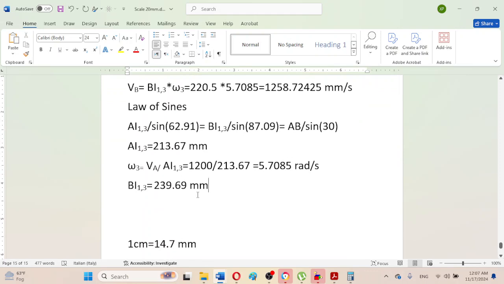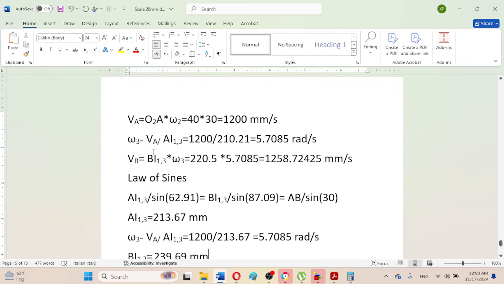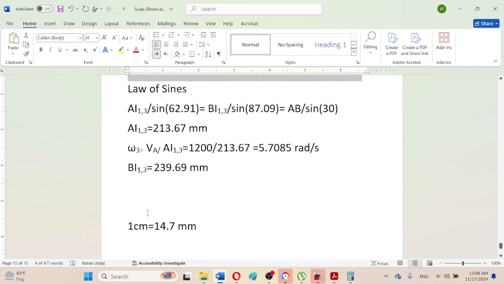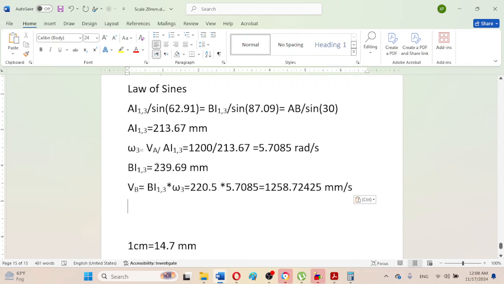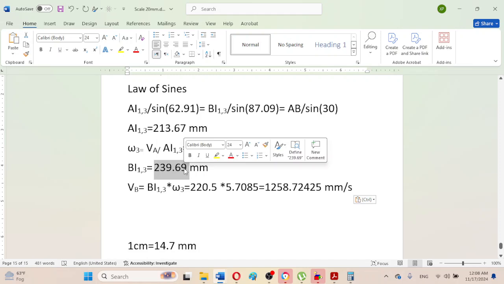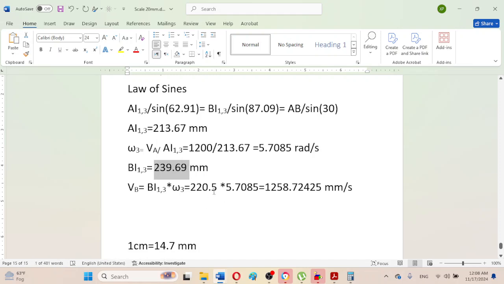Now calculate VB from the same formula. Just copy paste this value here and change it. Again here the omega 3 value must be changed.